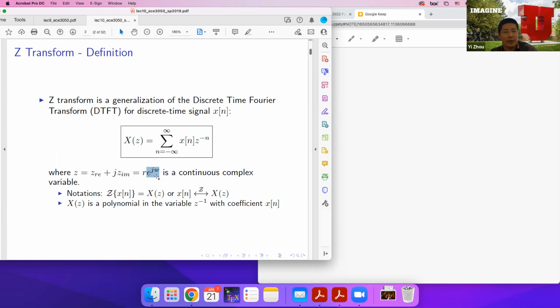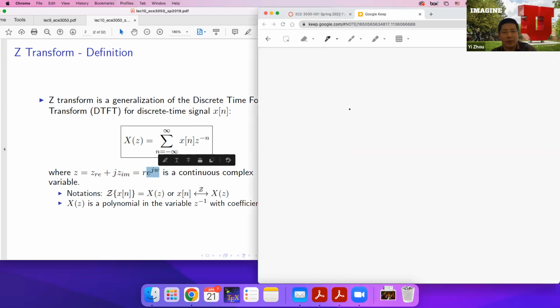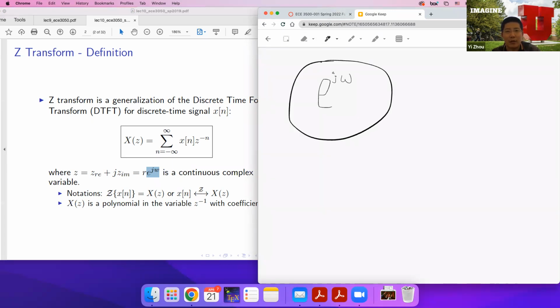In the complex plane, this corresponds to a circle. Why? Because if you view e to the power of j omega as a polar form, it is a complex number that has a constant magnitude 1 with arbitrary phase.